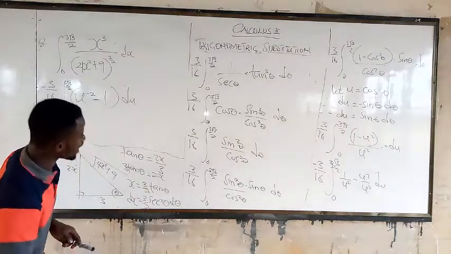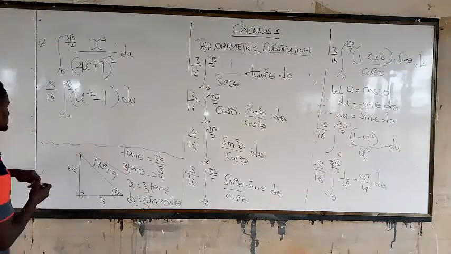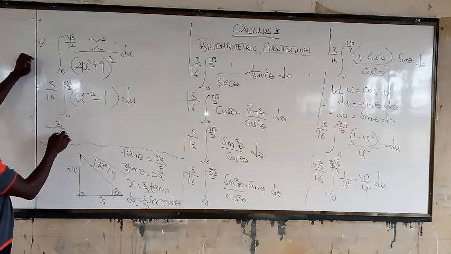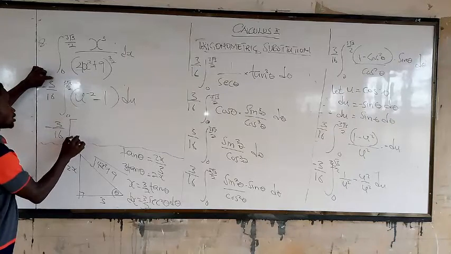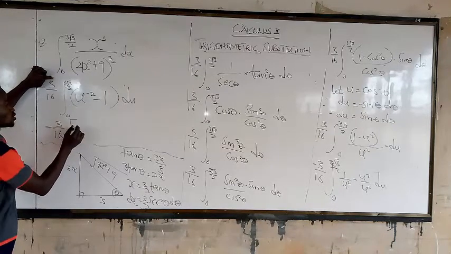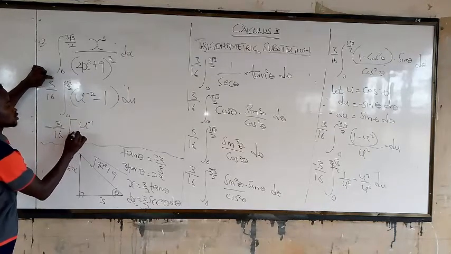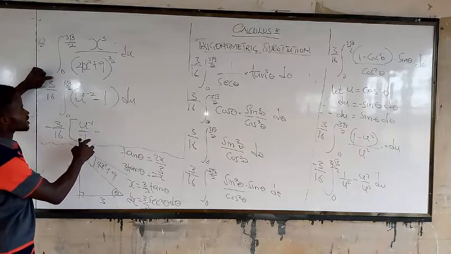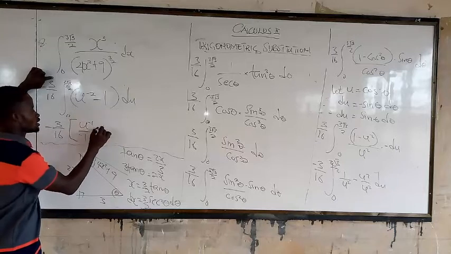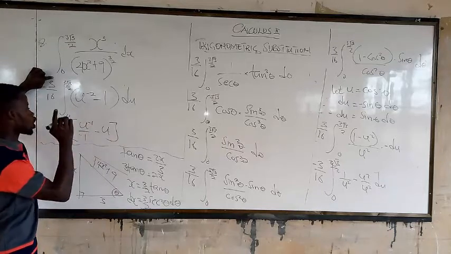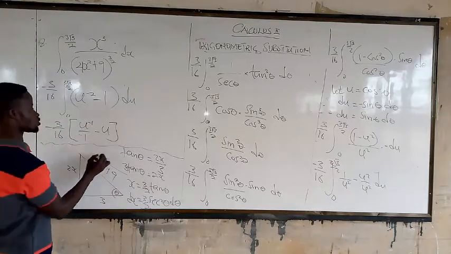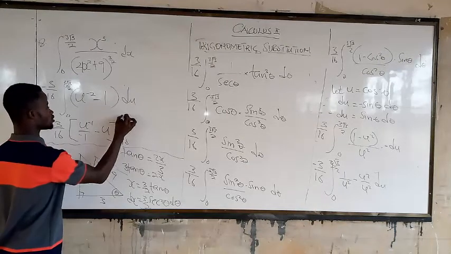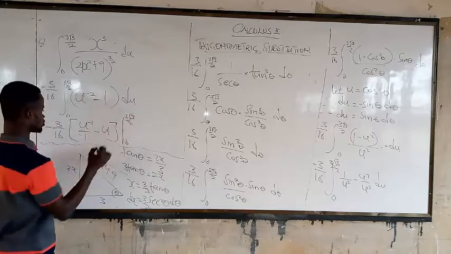So here we can now integrate this. So negative 3 over 16. When you integrate this, you add 1 to the power, you divide by it, minus, and we are integrating with respect to u, so this will be u. No more plus c, but rather you bring this, 0, 3 square root of 3 over 2.